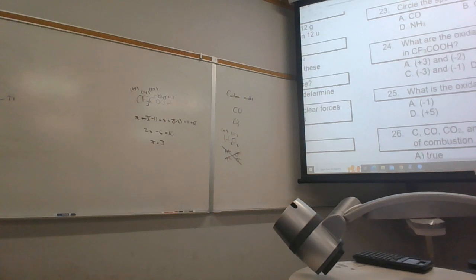However, in oxidation state, we take the opposite extreme. What's the opposite extreme? 100% ownership, 100% ionic. Here, winner takes all. The winner is the one that's more electronegative. But if it's a tie, then it has to be 50-50.